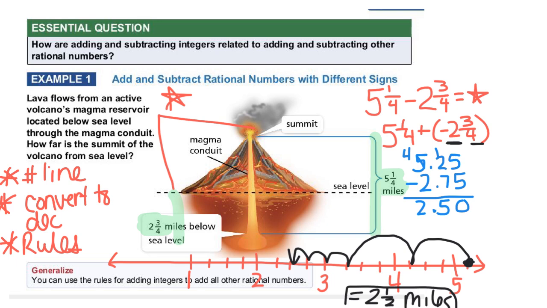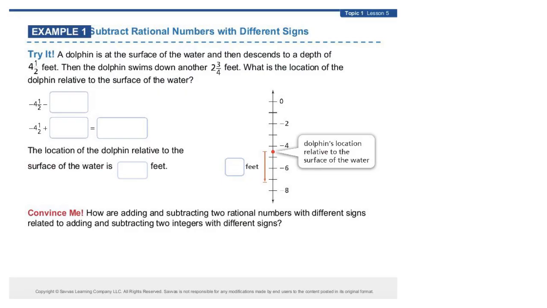If you are wondering how I ended up with these decimals, let me just remind you of something. When you have 1/4, you can simply take 1 divided by 4 and get 0.25. And when you have 3/4, you can take 3 divided by 4 and get 0.75. So that was from an earlier point in the school year, but I just wanted to remind you how you change those fractions into decimals.